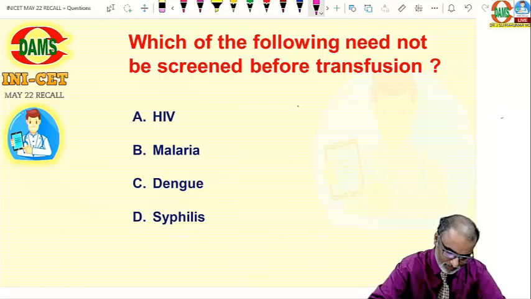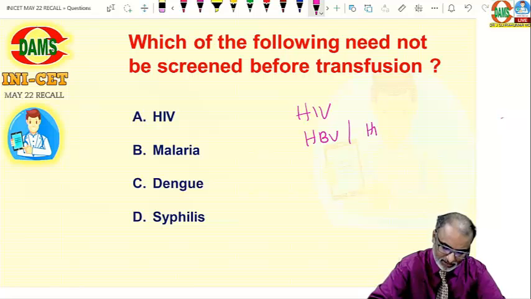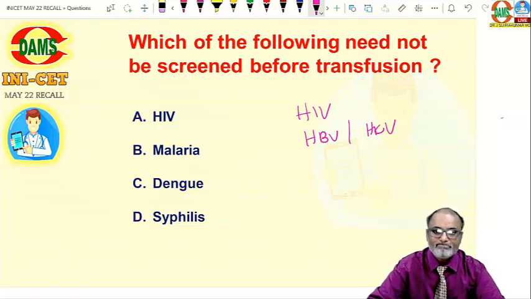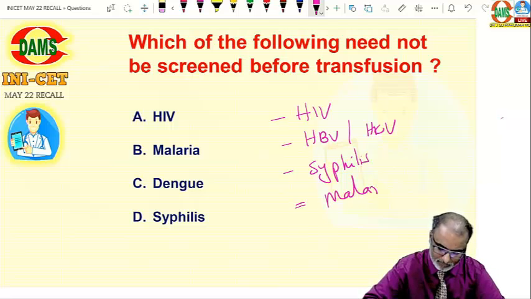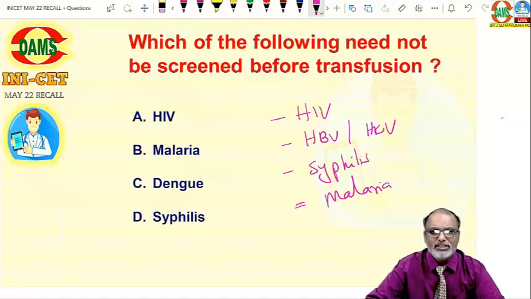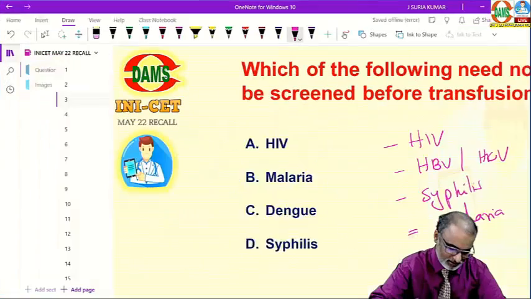One is HIV, another is hepatitis B and hepatitis C, next is syphilis, next is malaria. These five tests are mandated. See the list here.